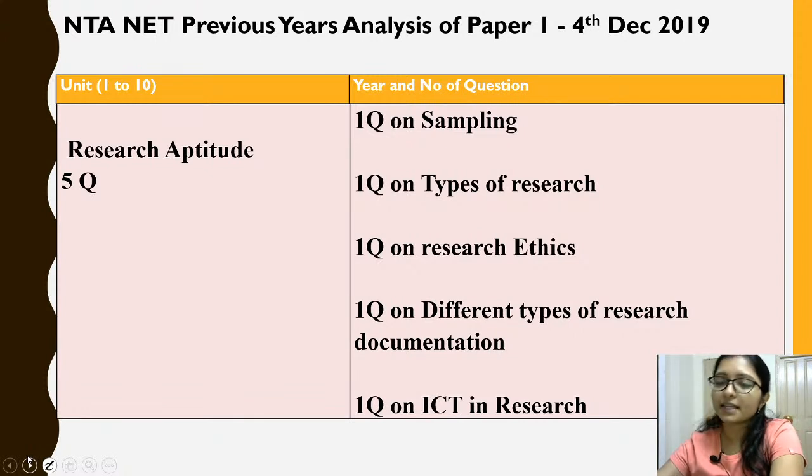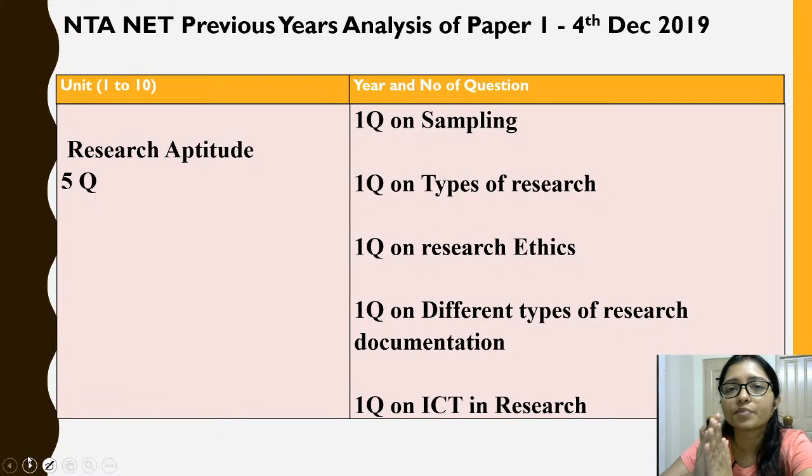I saw that there are lots of questions from sampling. So today we will discuss sampling with some questions, because directly solving questions is not possible. In research aptitude, hypothesis, sampling and different types of research are all related, and if you don't know the idea, you will not be able to solve the question.